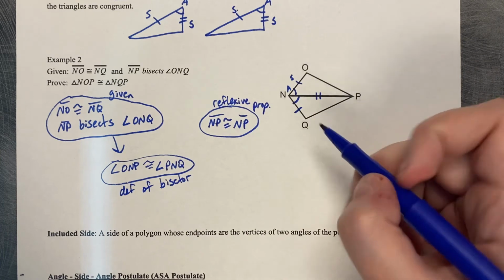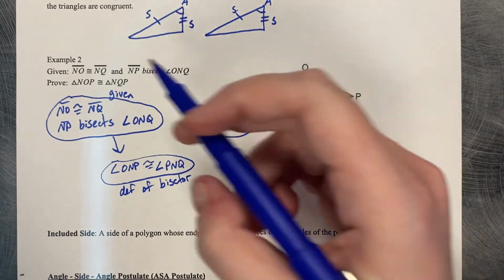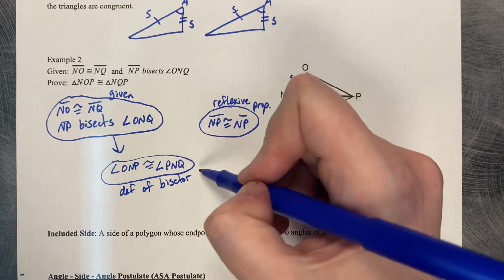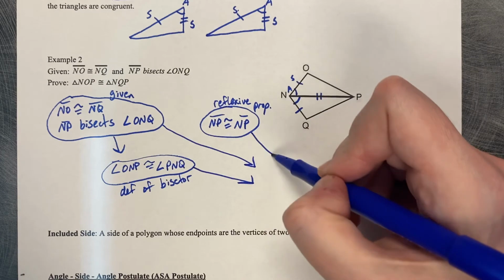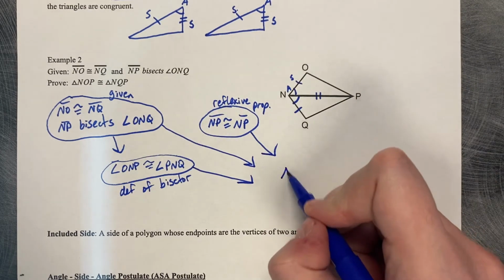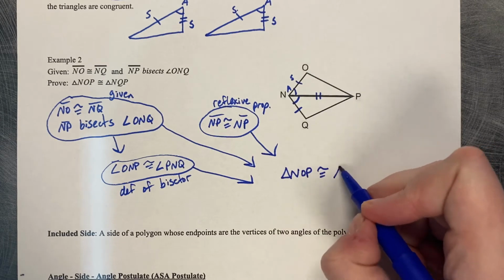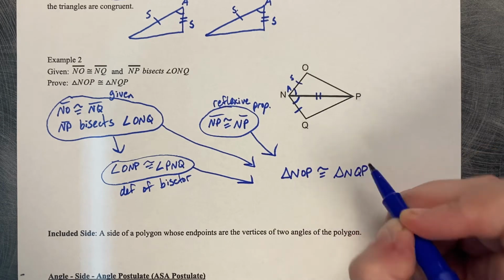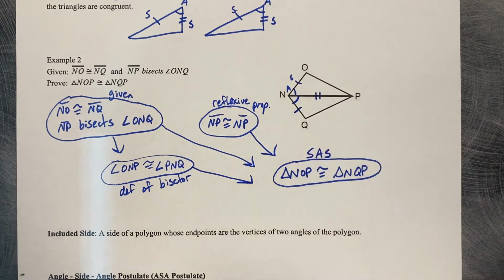And now I've got my information, a side and an angle and a side. So now I can bring these all together. So that one comes over, that one comes over, and that one comes over to say that triangle NOP is congruent to triangle NQP, and that's by side, angle, side.